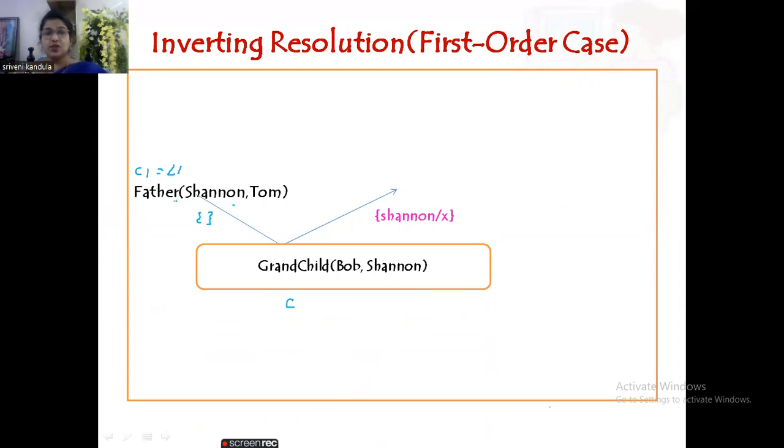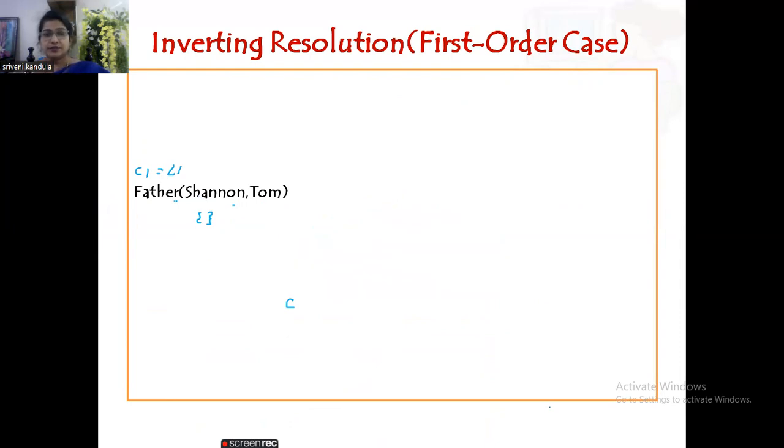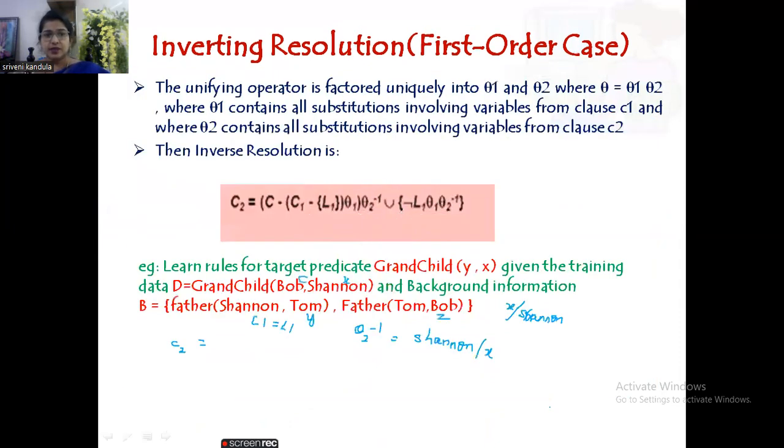So from this, what is the conclusion that I will get? The conclusion that I will get is grandchild of Bob comma Shannon, and a union has to be performed with negation L1, theta 1, theta 2 inverse.